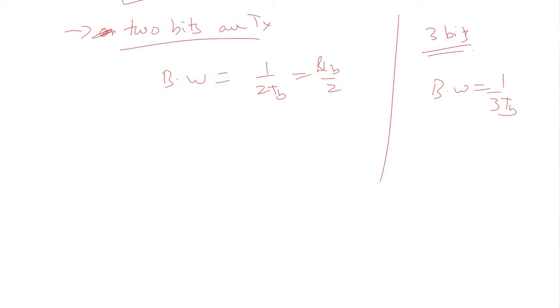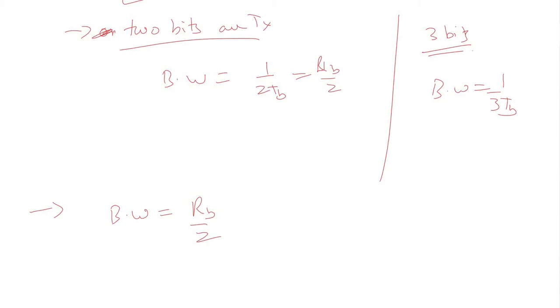Alright, and so on. So if a channel has, let's say, bandwidth equal to R_B by 2, then we can say that it will allow the signals having bandwidth R_B by 3, R_B by 4, R_B by n, and so on.